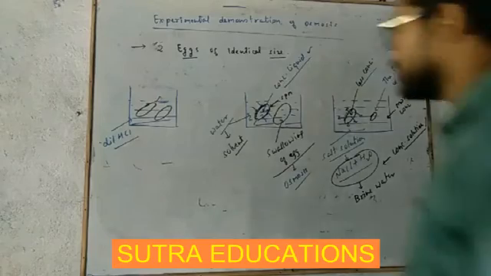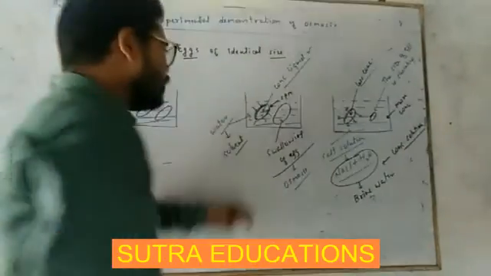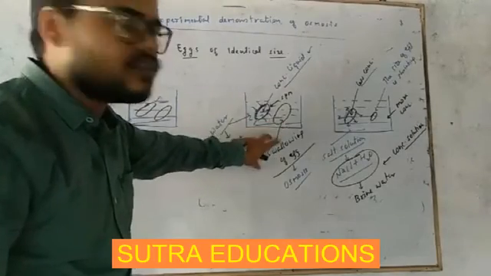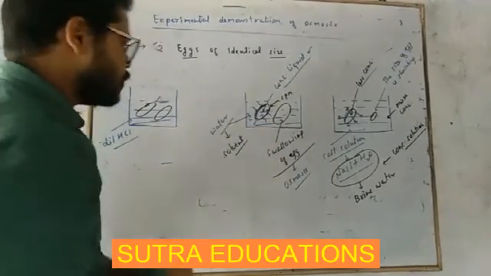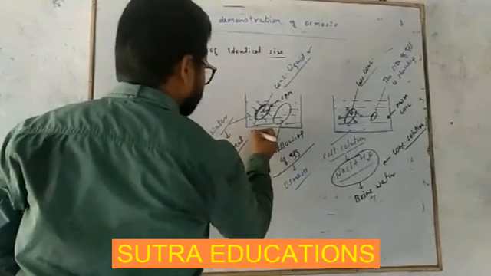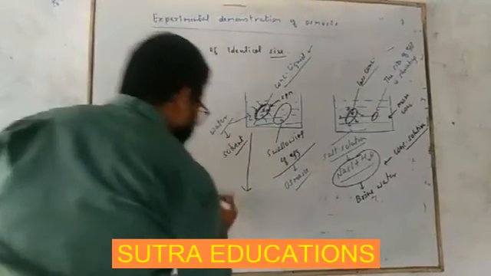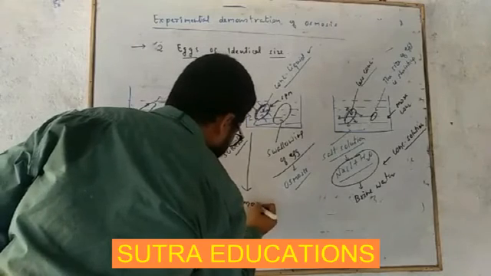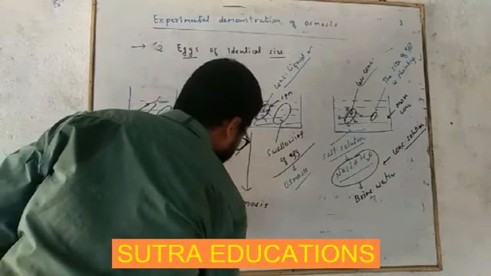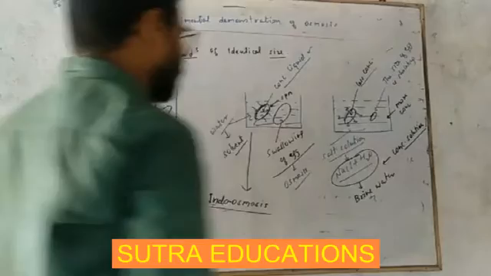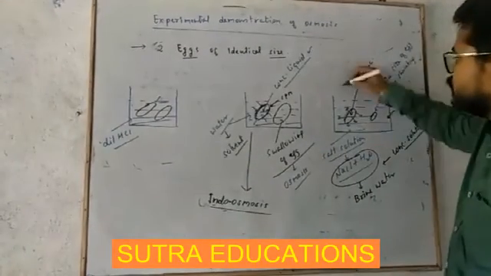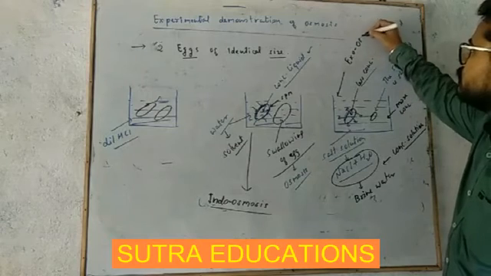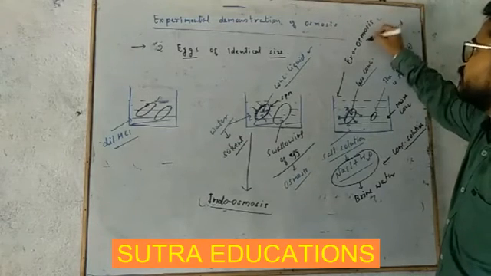Again, two terms are here. Here, this osmosis is called endoosmosis. And this osmosis is called exoosmosis. Getting this or not?